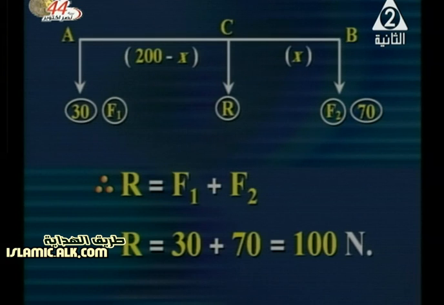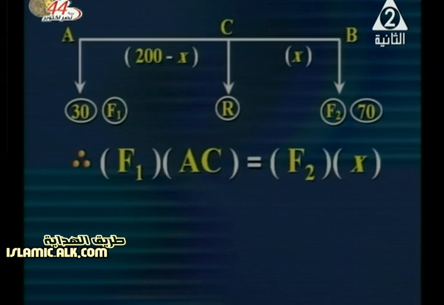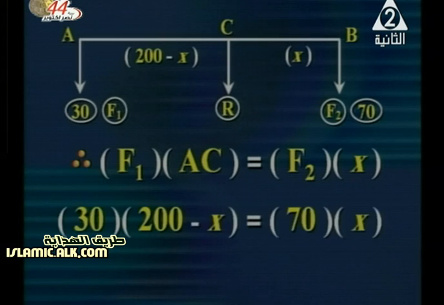After that, we find the action of the resultant of the two forces by using moments about point C. F1 times AC equals F2 times x. AC equals 200 minus x. By substitution, F1 equals 30 times (200 minus x) equals F2, 70, times x.